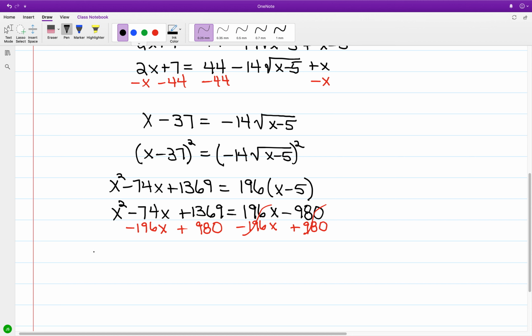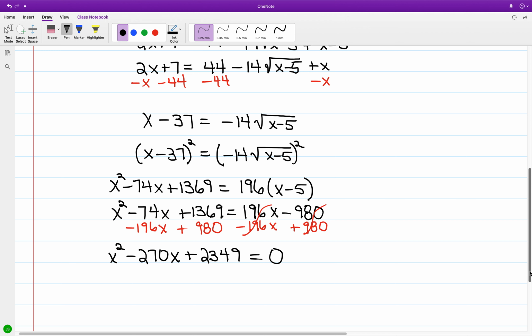And so in the rewrite, you have x squared minus 270x, and we have plus 2349, and we have is equal to 0.